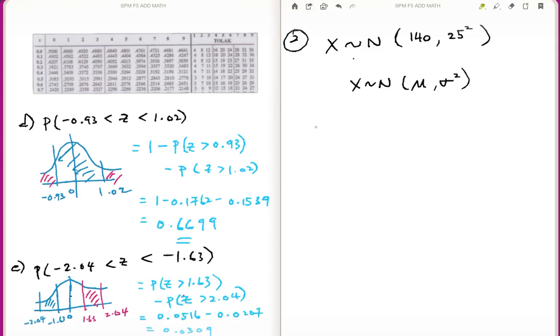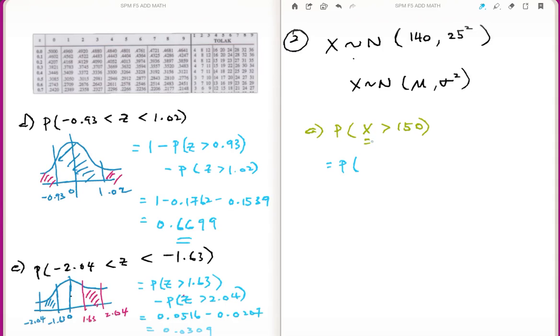Find out maybe the probability for x more than 150. So you can't straight away go into the logbook because there's no such thing as 150. You need to convert this x into a z-score. So the solution is not a straightforward equation. How can you do that?